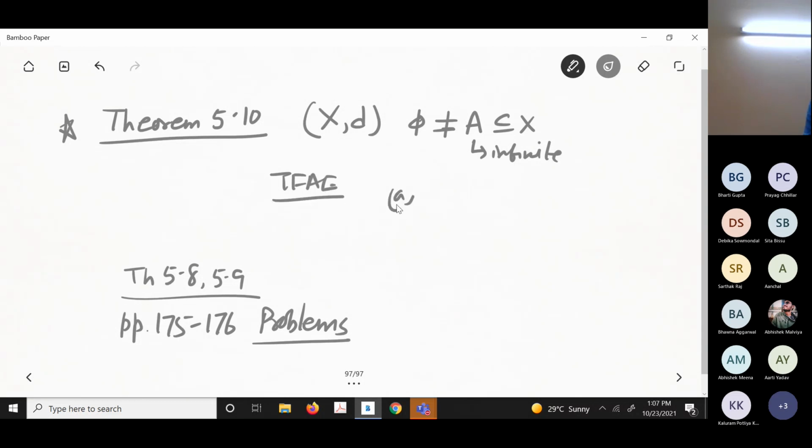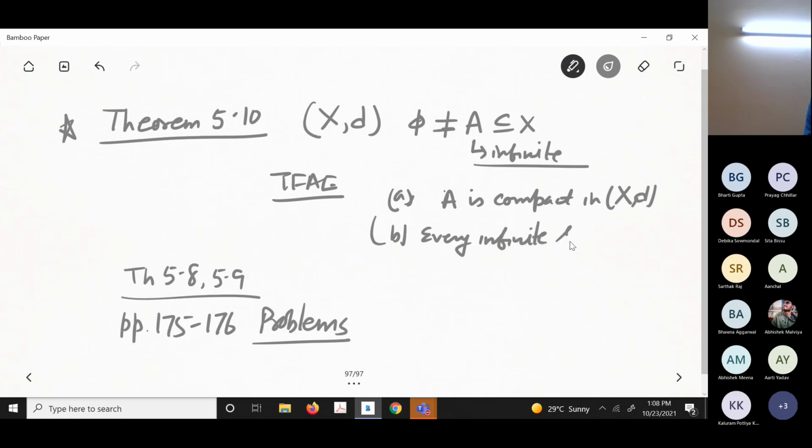A is compact in X. Since A is itself infinite, it makes sense to state B: every infinite subset of A has an accumulation point in A. Look, it has to be in A because if I assume it is compact in a Hausdorff space, particularly in a metric space, every compact set is closed.